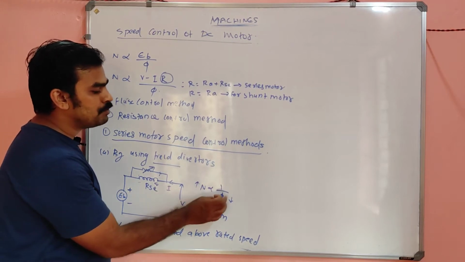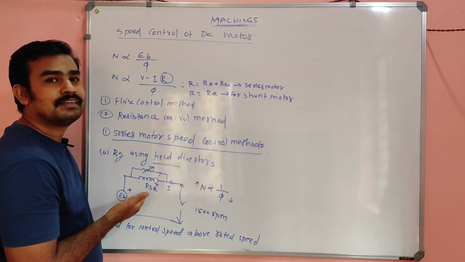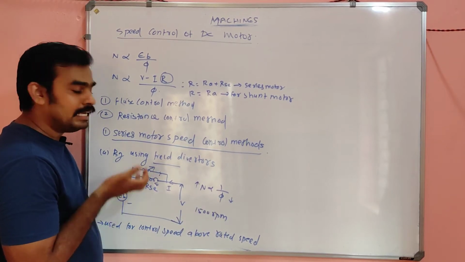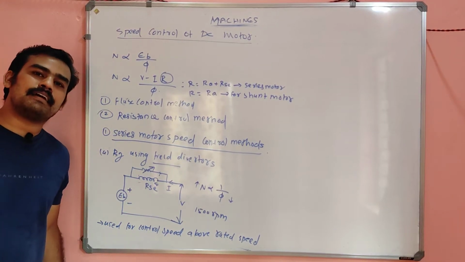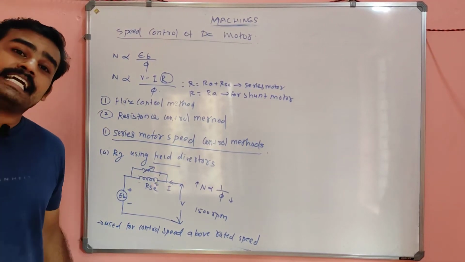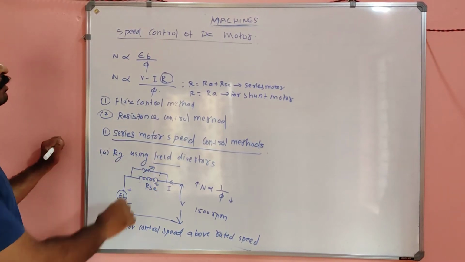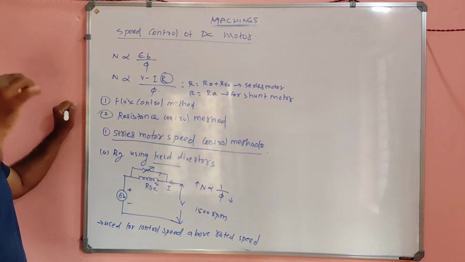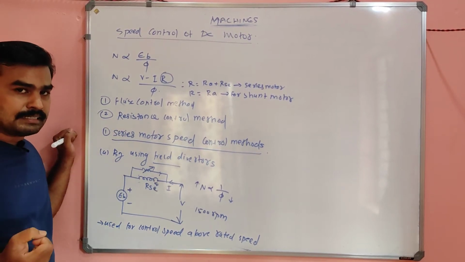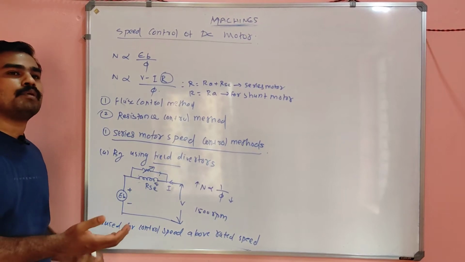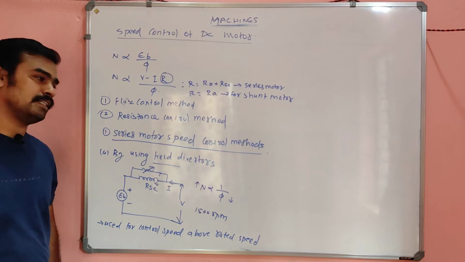The only way to reduce the speed is to increase the phi, and we are not doing that here. Inserting some resistance means there will be a decrease in field current and an increase in speed, not a decrease. It's very, very important. So by using a field diverter, we only increase the speed above the rated speed, not decrease it.